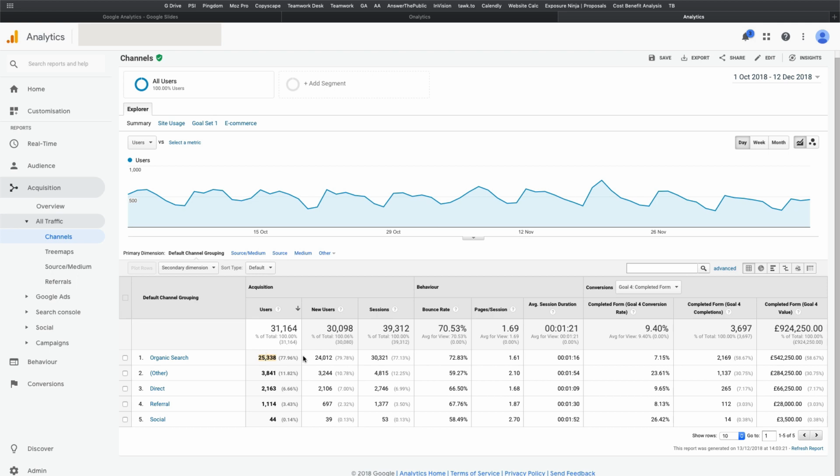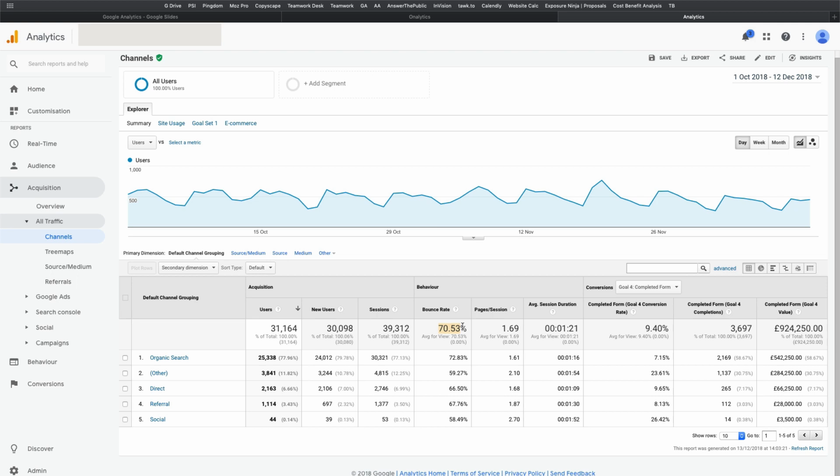Now, if we have a look over in this table, you can see some slightly different metrics to when we analyzed the Exposure Ninja site. We've got a higher bounce rate than normal here, a 70.53% bounce rate. Part of the reason for that is that they have a lot of blog posts that we've written on the site, and blog posts do tend to have a higher bounce rate.